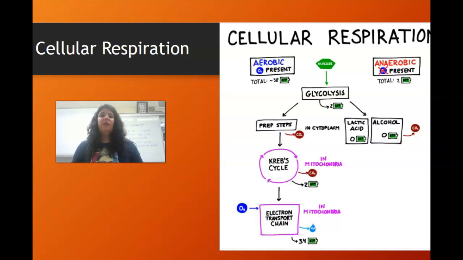For the cellular respiration video, I basically am making a map allowing you to map out this process and kind of give you the super simplified version of what's happening during glycolysis, what's happening during Krebs, what's happening during electron transport chain. And by seeing it on this length of paper type of map, I think it really helps visualize. And then when you're answering questions about that on an exam, you can kind of see where things are happening and what's happening at each stage.